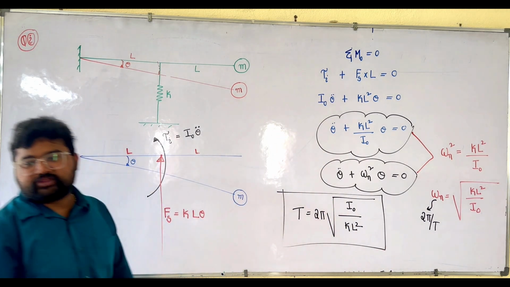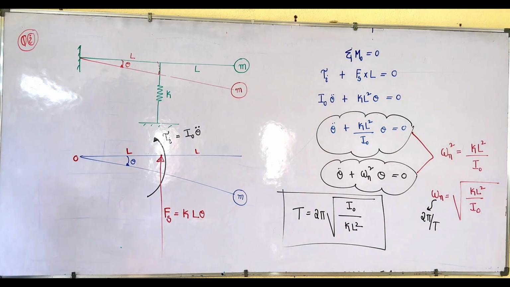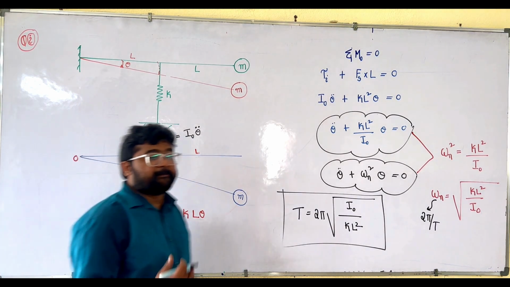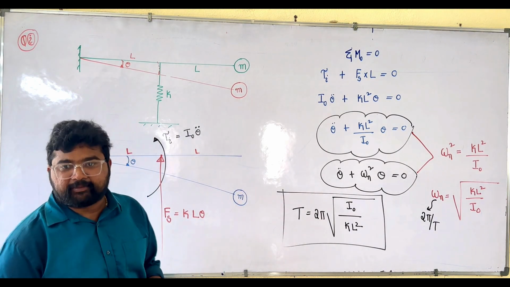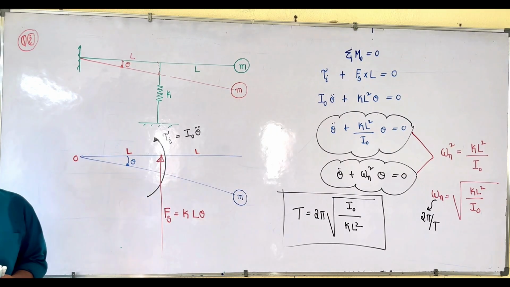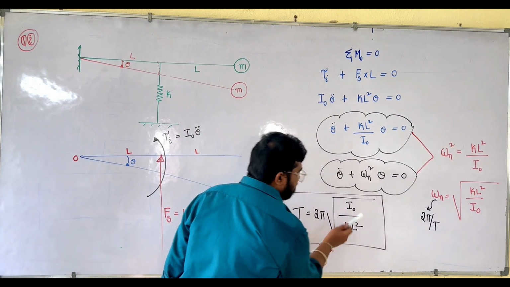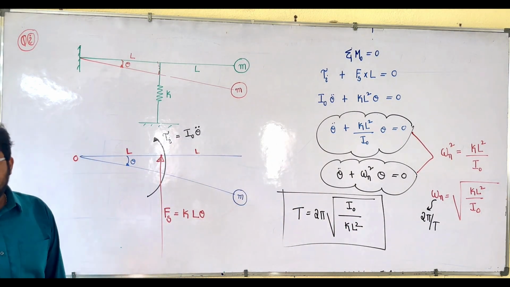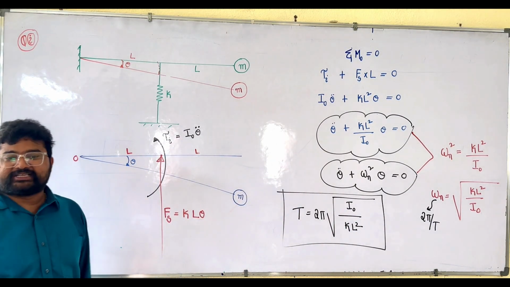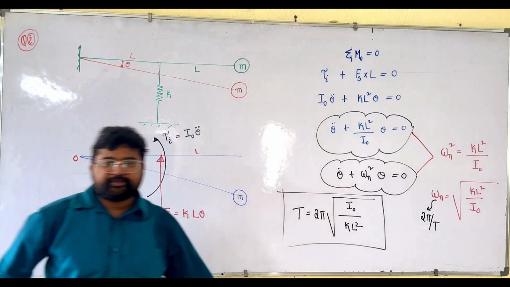Now I will tell you the shortcut. You are in a position to draw the free body diagram, but there is no need; you can directly write the answer. T equals 2 pi square root of m by k. M is replaced with the mass moment of inertia.